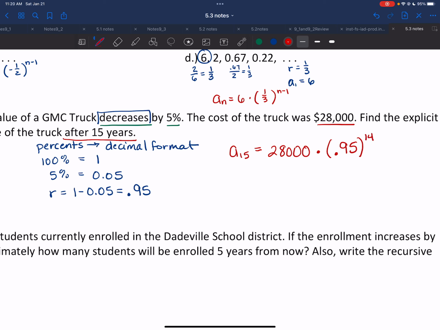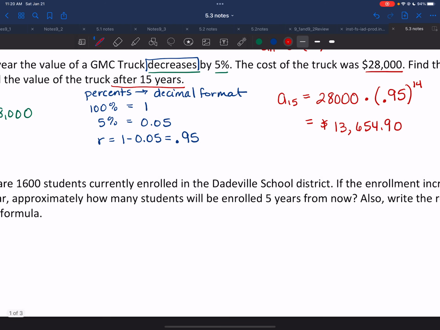So again, in my calculator, I would do 0.95 caret 14, and then enter times 28,000. Once I complete that, I end up with a price of $13,654.90.